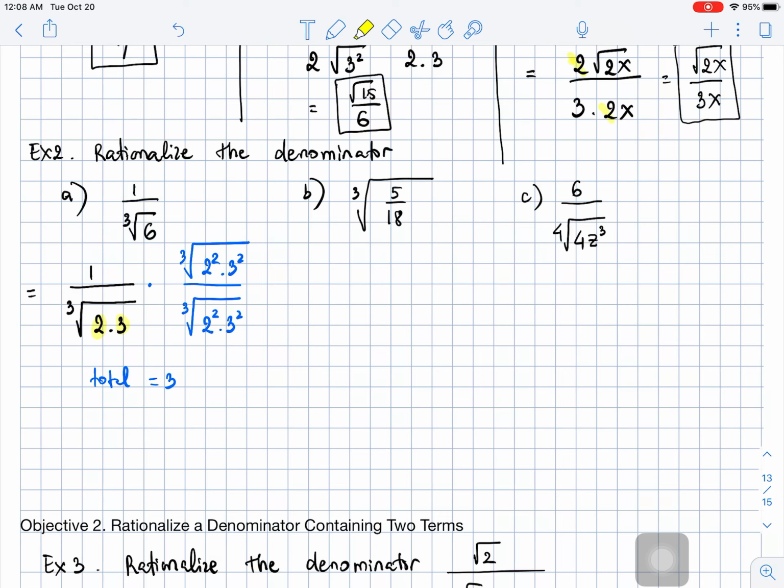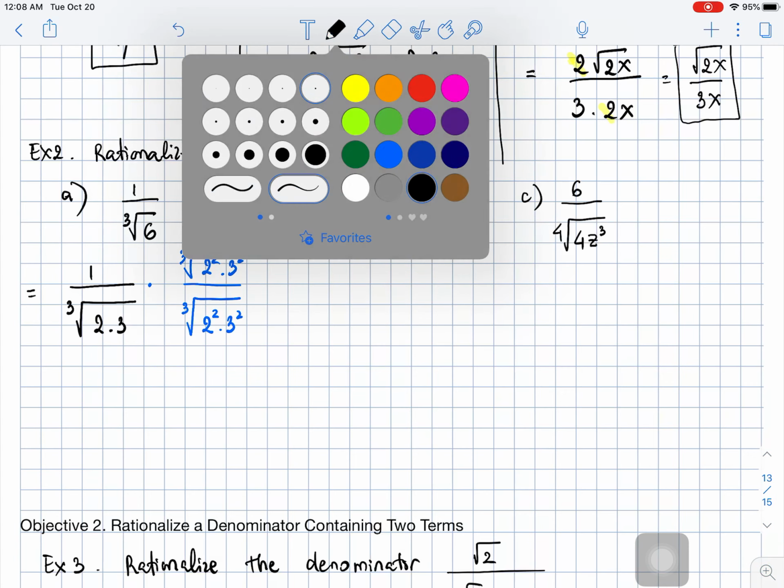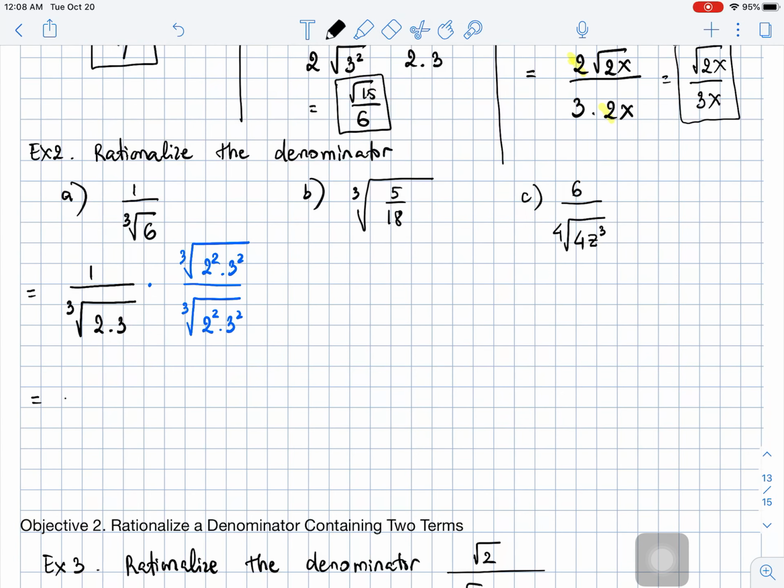Now you look at this 2 inside the radical, you have 1. That's why you need 2 more so that you have a total of 3. Same reason for the 3. You have 1, so you need 2 more of the 3 so that you get a total of 3.